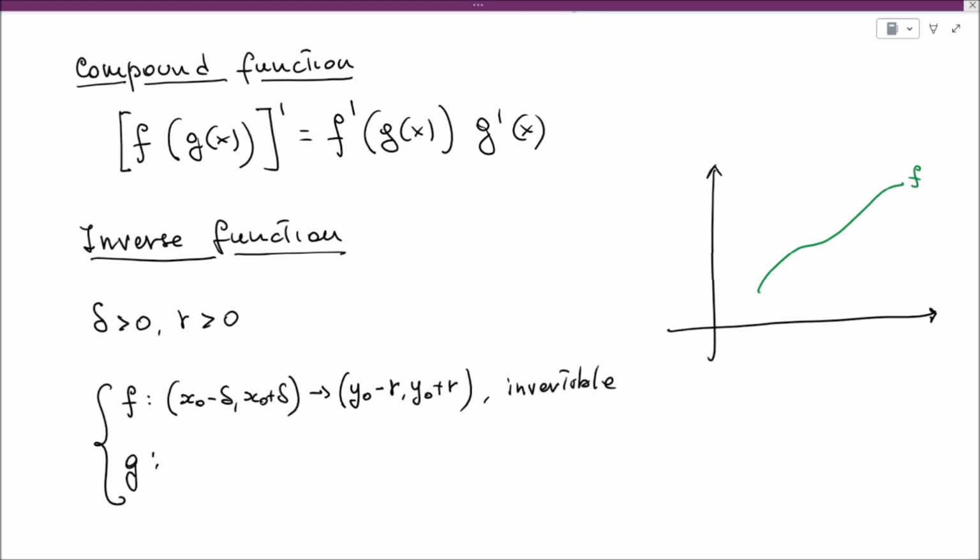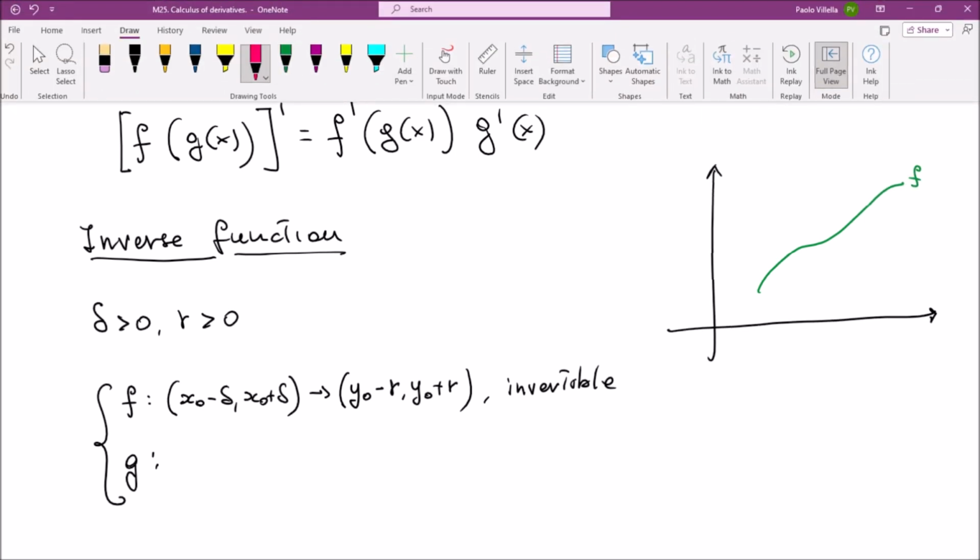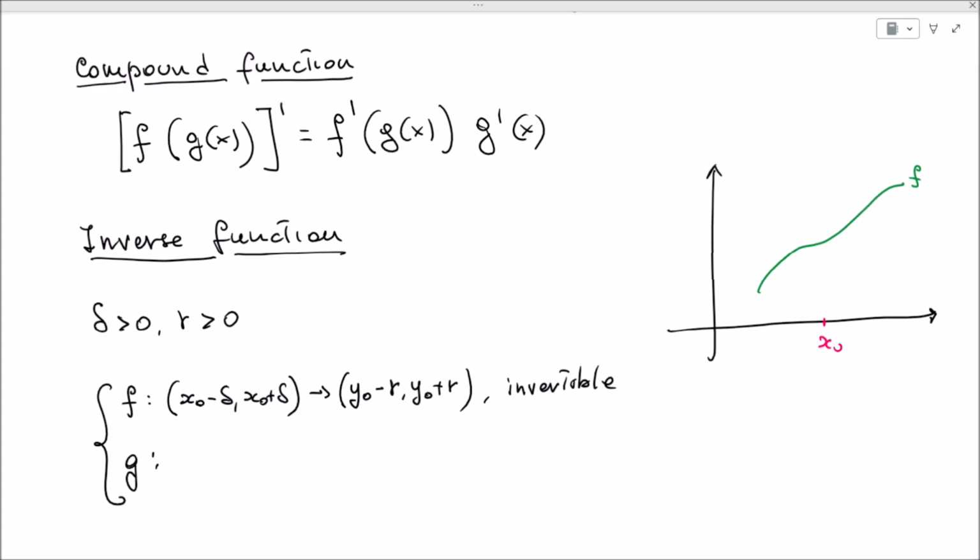So this is x naught, and we have x naught minus delta, x naught plus delta. This is the interval where the function is defined, and this of course will identify on the graph of the function this part of the graph.